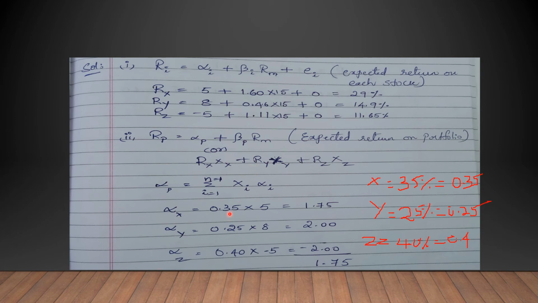So in this way we have to find the return of the portfolio by finding the individual alpha values, and then you have to sum them. That is nothing but the summation of the different individual stocks. If you add all these stock values, it comes to 1.75.